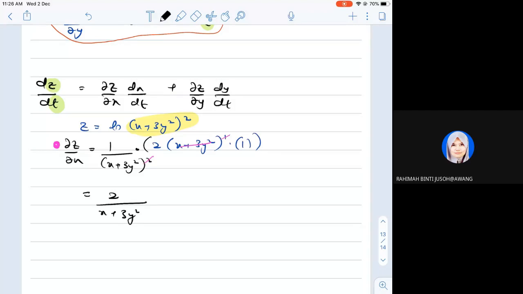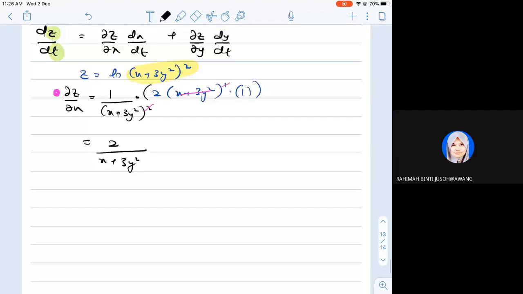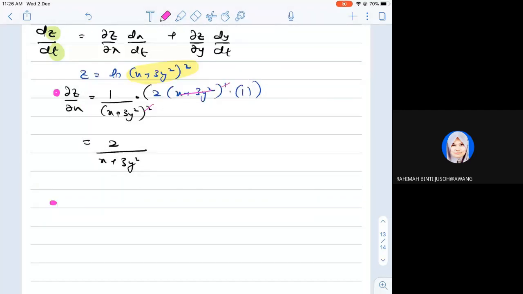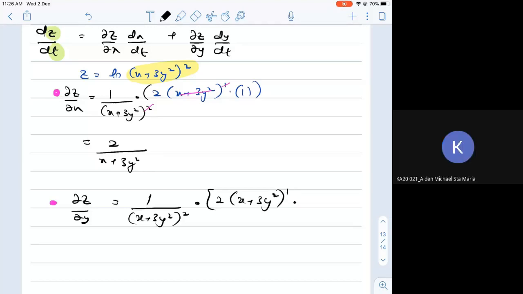Okay, so next we find del Z over del Y. Del Z over del Y, again 1 over everything, X plus 3y squared, and then multiply by, now it becomes the same, 2 multiplied by X plus 3y squared to the power of 1, multiplied by differentiate with respect to Y. What should you get? 6y.